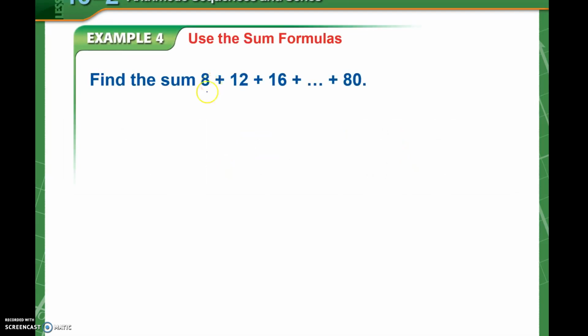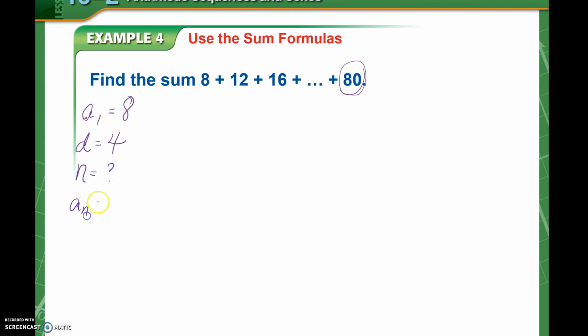So what this wants is me to add all the terms in the sequence from 8 to 80, but we don't know what term number 80 is. So we're going to use our original equation. So a1 is 8, d is 4, and n we don't know.